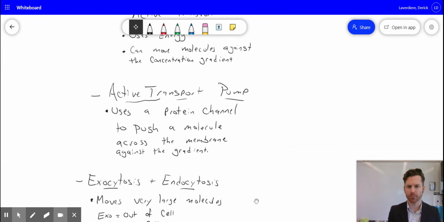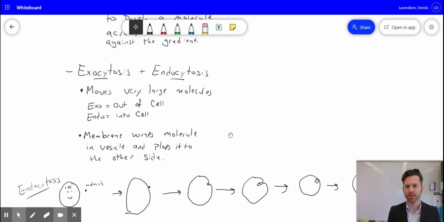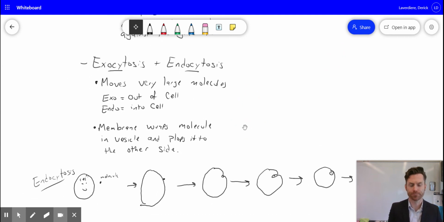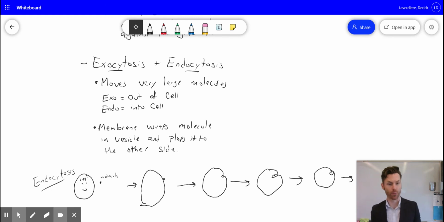And last but not least is the other form of active transport, which are endo and exocytosis. This is when our cell needs to move a very large molecule, too big for protein channels. If it's exocytosis, it's moving that large molecule out of the cell.